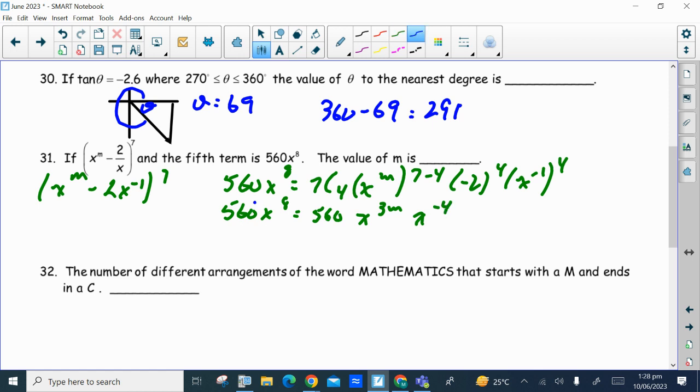So again, the 560s cancel, and we'll have x to the 8th equals x to the 3m minus 4. Those last two factors can be combined. You're multiplying powers with the same base, so you add the exponents and you keep the base the same. So now the bases are equal, the exponents will be equal as well. We can say that 8 equals 3m minus 4. 3m will equal 12, and m will equal 4. So there it is.